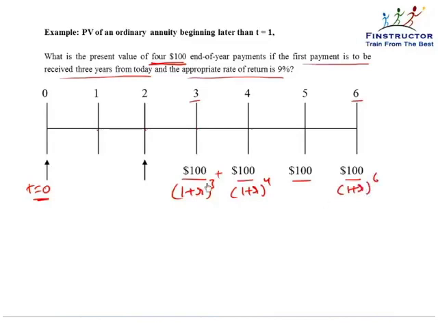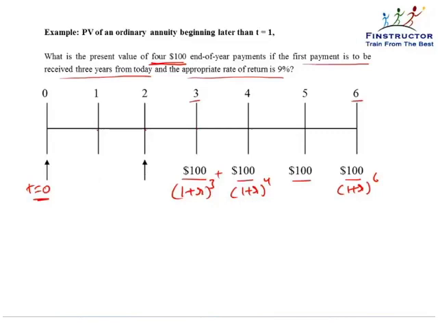We can manually discount each cash flow and compute the value at t equal to 0. The only problem with this method is that though conceptually right, it'll take us too much time because we don't have any direct functionality on the calculator to input this gap of 2 years and calculate the value for us.